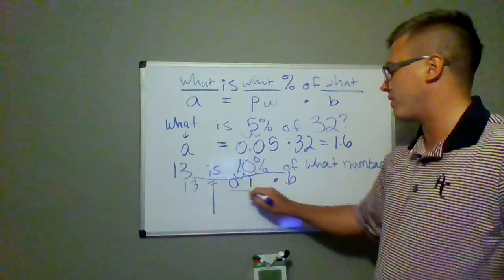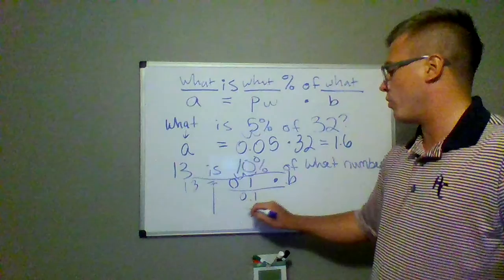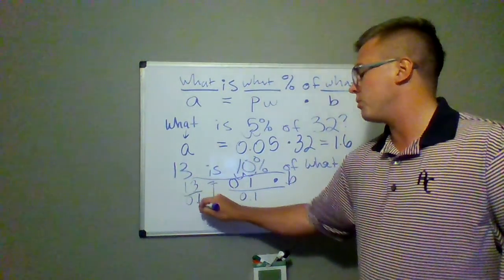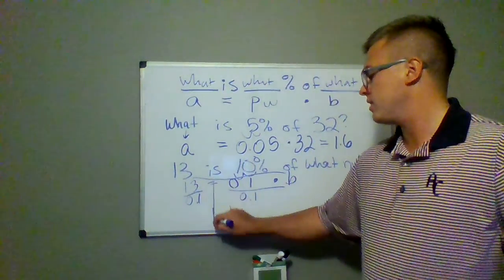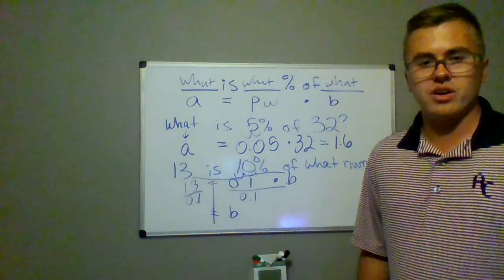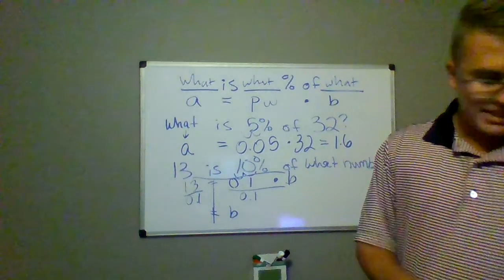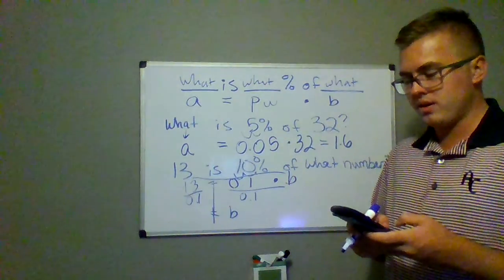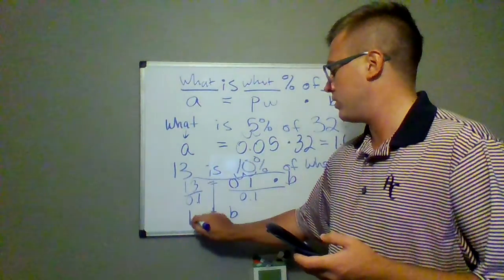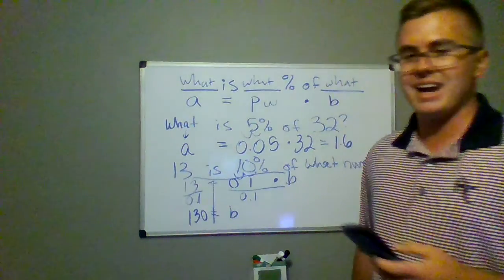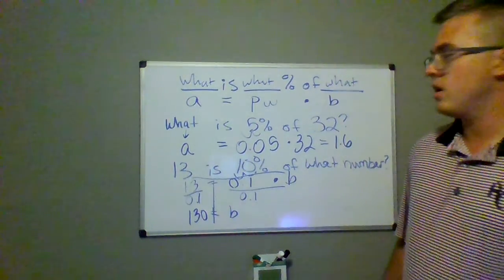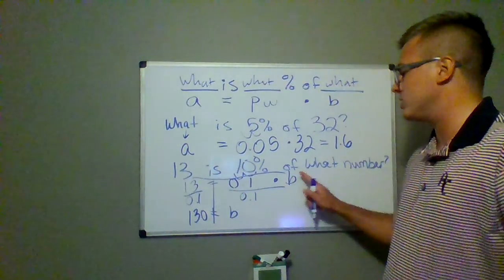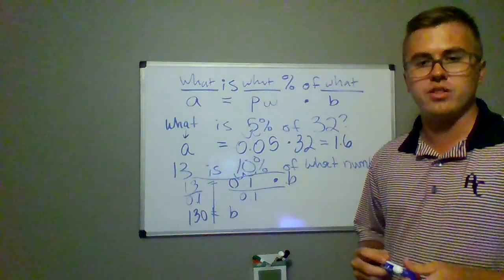We just have to divide by 0.1 on both sides, and that'll give us our answer. So we do 13 divided by 0.1, and that gives you 130. So 13 is 10% of 130.